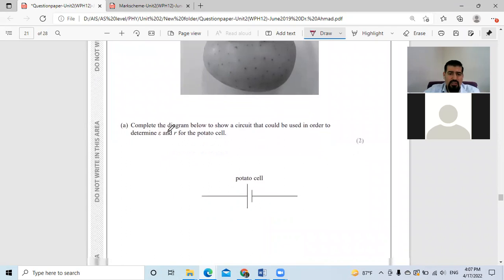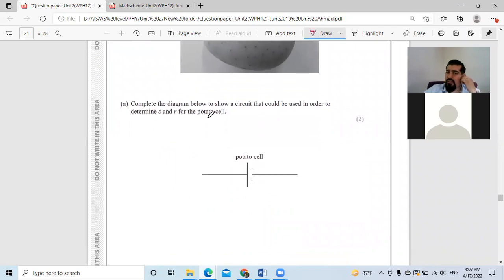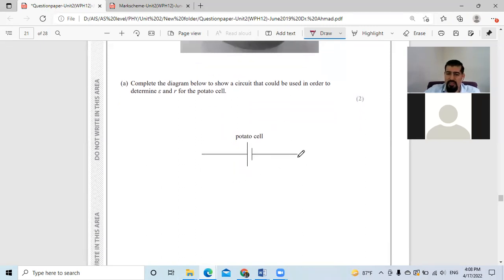Part A: complete the circuit diagram to show how the circuit could be used in order to determine the EMF and the internal resistance of the cell. We know that in this type of circuit we have to connect it with a variable resistor. This is the variable resistor. And also we have to measure the current through the circuit and the potential difference across the potato cell.